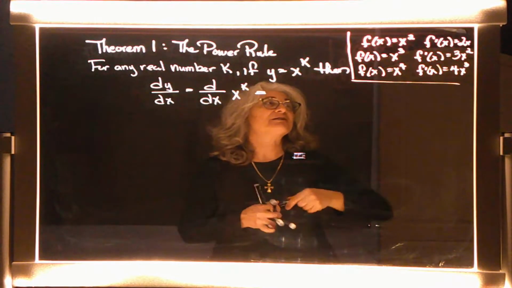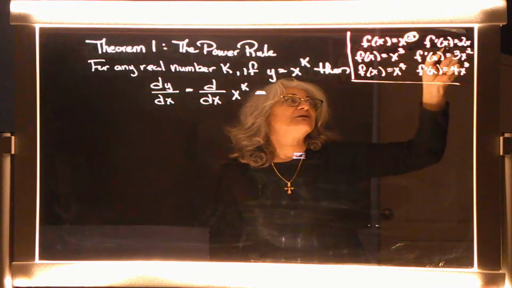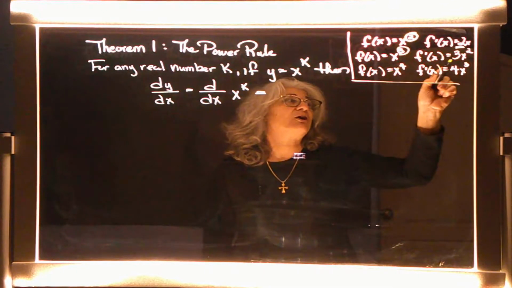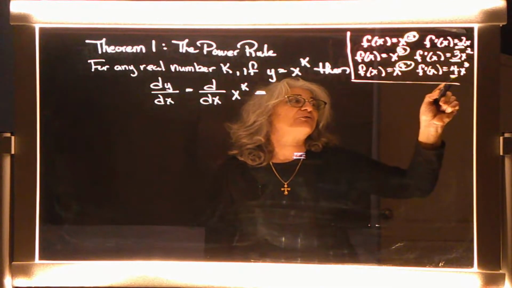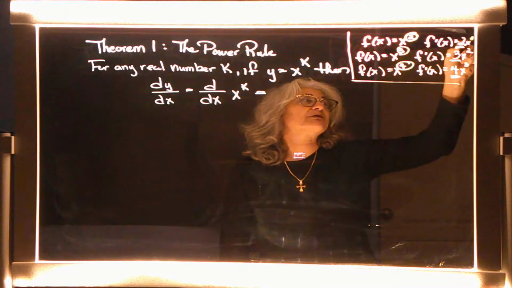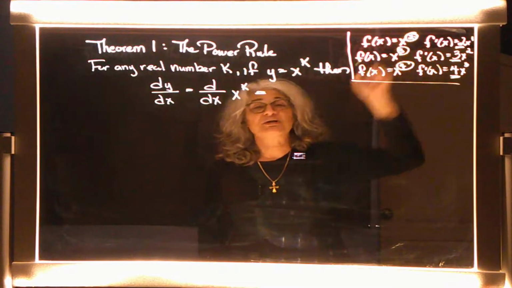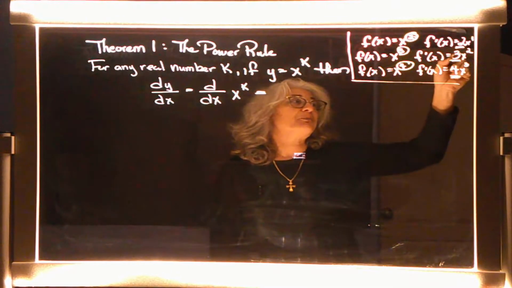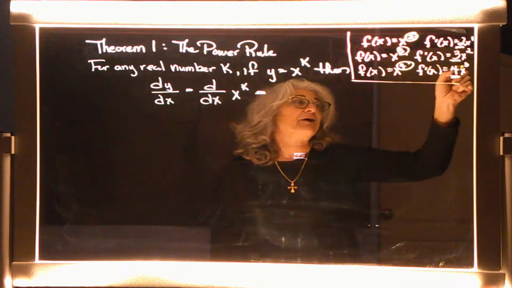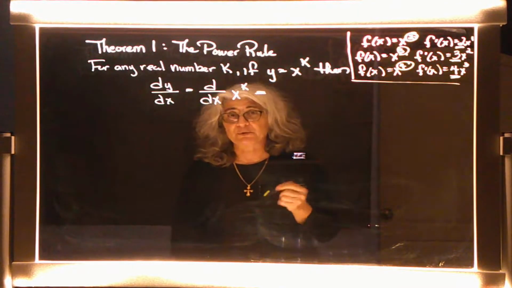Do you notice that this 2 is now in the front? This power of 3 also came to the front. This power of 4 also came to the front. Do you notice the new power here is a 1? Well, isn't that 1 less than 2? And the new power here is a 2. Well, that's 1 less than 3. And the power here is a 3. That's 1 less than 4, isn't it?